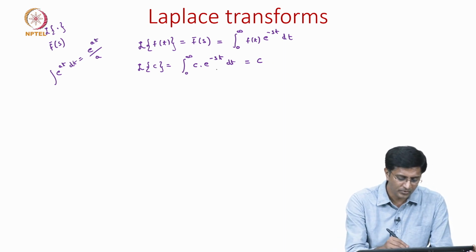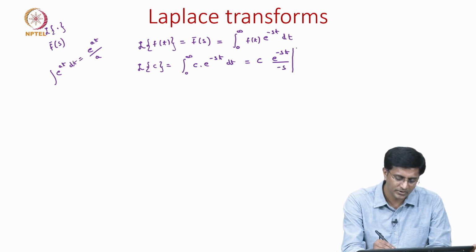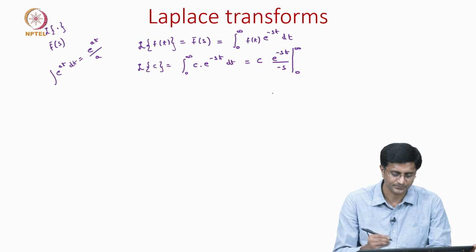So, when we do this integral, we get e power minus st by minus s. This needs to be evaluated at the limits infinity and 0.